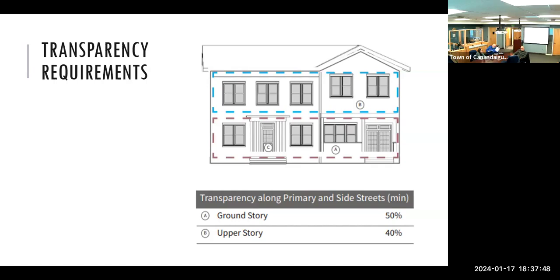But right, Sarah, I don't know if you're seeing this, but this is new, right? And if you are finding every application that comes in is requesting a variance for transparency, that's time for a discussion of, do we need to change our transparency requirement, right? Yeah.